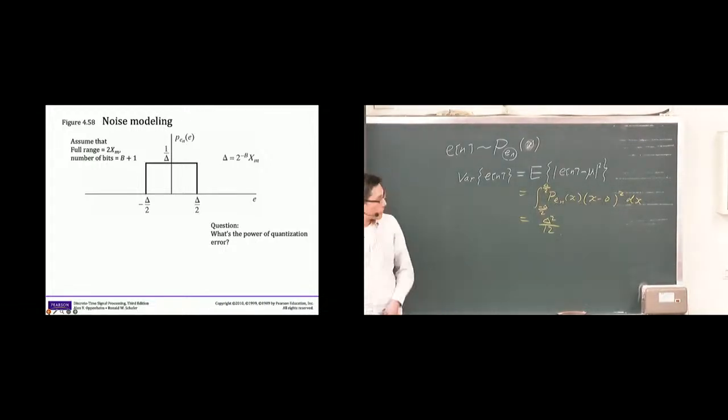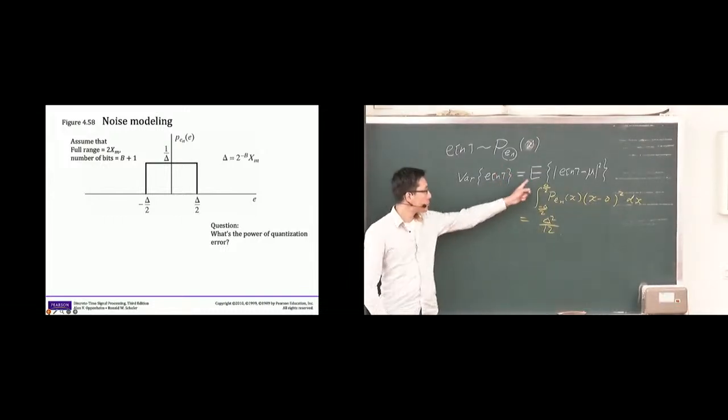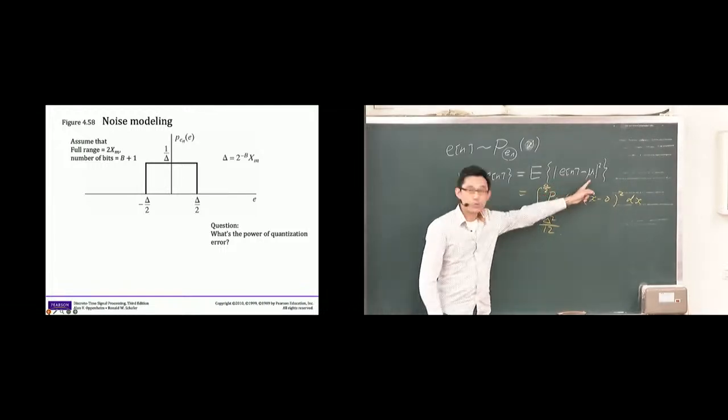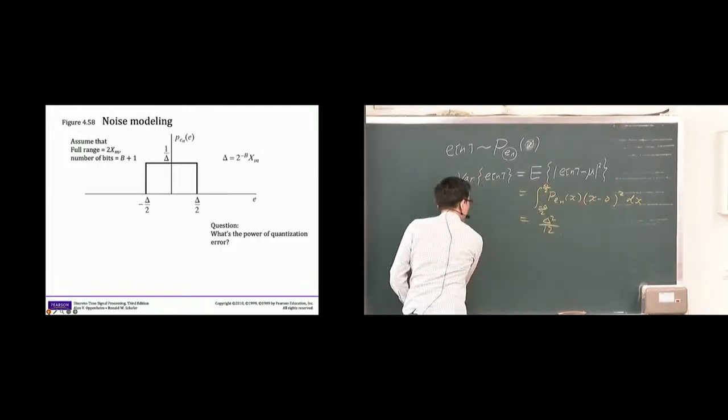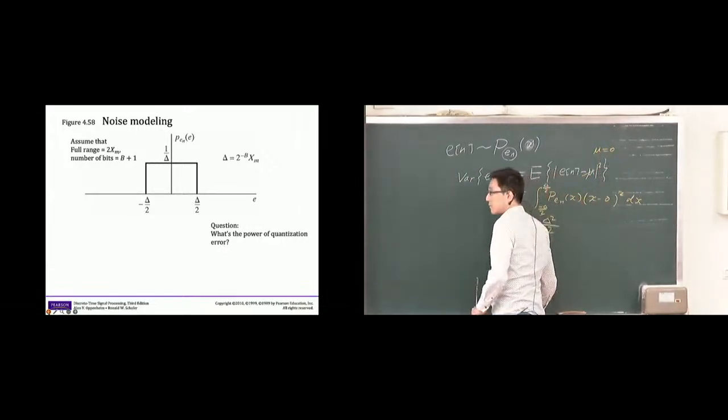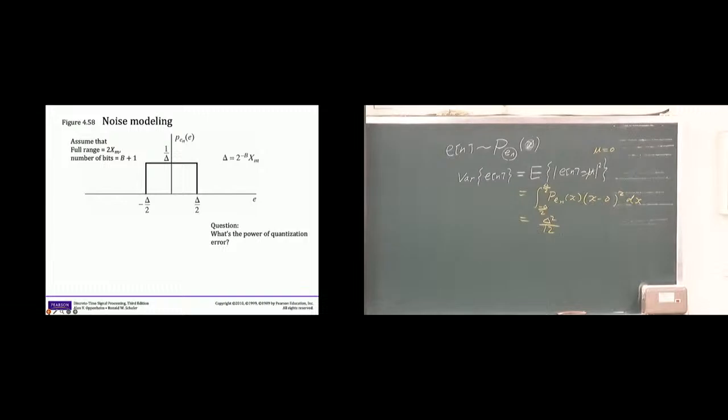So that's the power of noise: the expected value of the quantization noise squared, given that it's zero mean. We know that mu is zero. Already we have a statistical model for quantization noise, for the error introduced by quantization, and it's random in the sense that it's uniformly distributed.